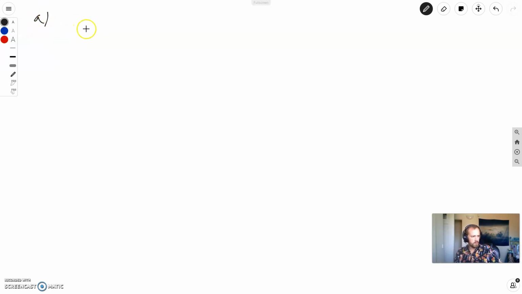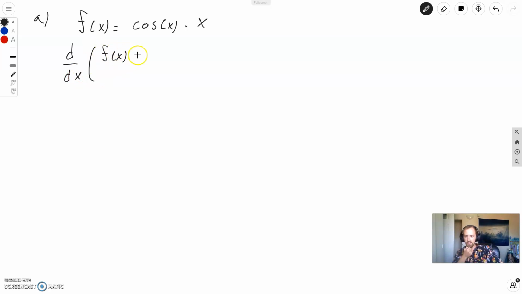Okay, so for a, we have f of x equals cosine of x times x. This is going to be a product rule. The product rule says that if you want to take a derivative of two functions that are multiplied together, or three for that matter, then the derivative is: df by dx, we take the derivative of the first one, leave the second one alone, plus leave the first one alone, take the derivative of the second one.